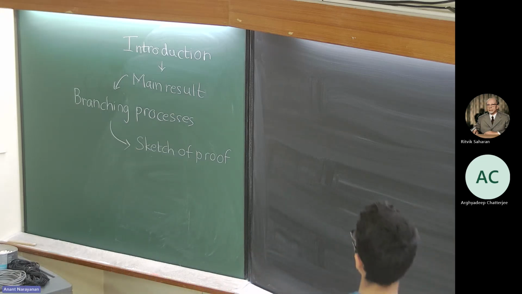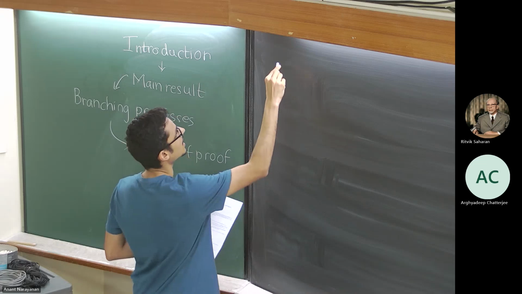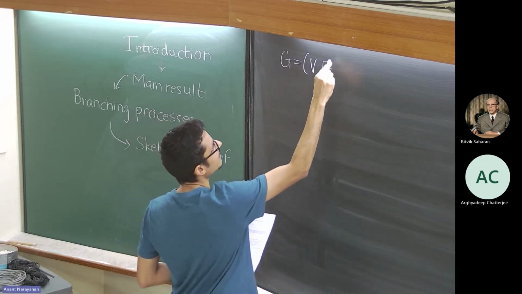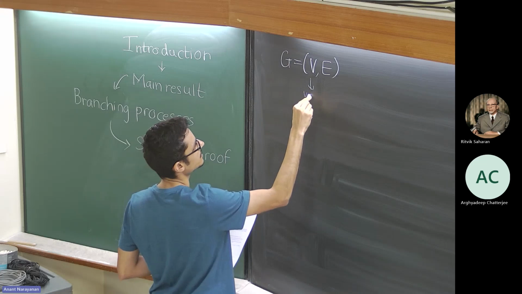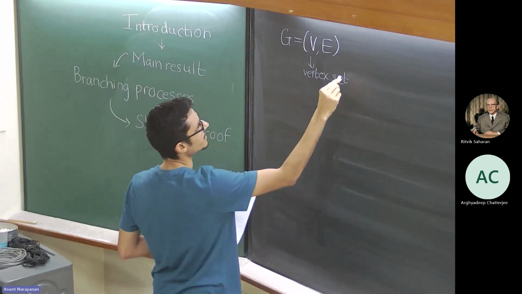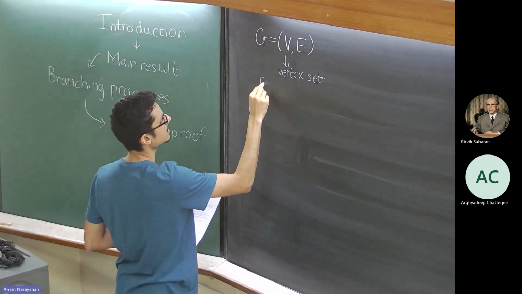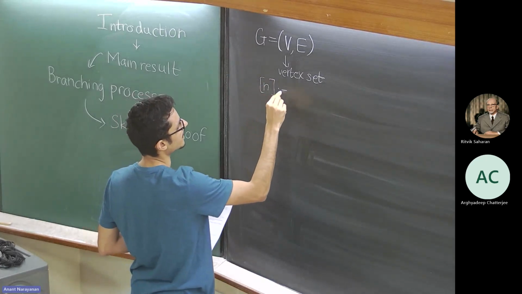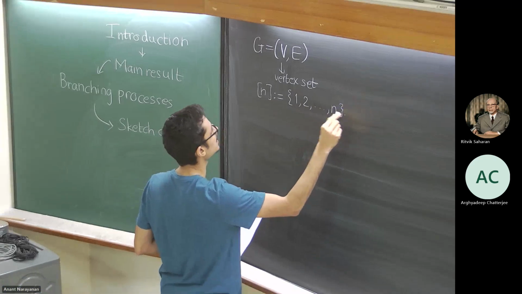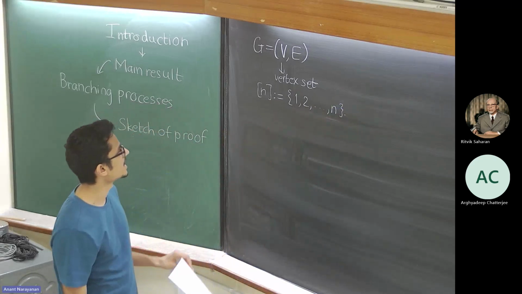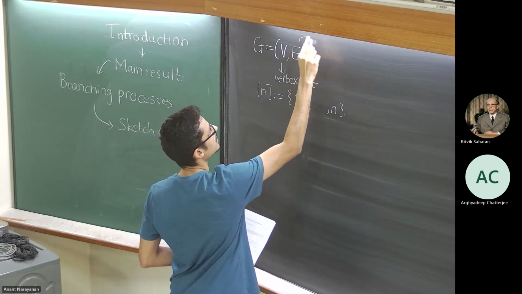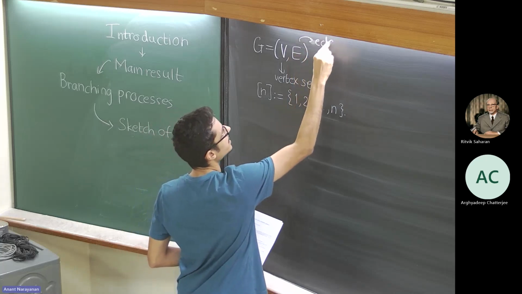So to start off, G will denote a graph. So this is the vertex set. Almost always we'll use the box n, defined as nothing but 1 up to n. So almost always our vertex set will be [n], and this will be the edge set.